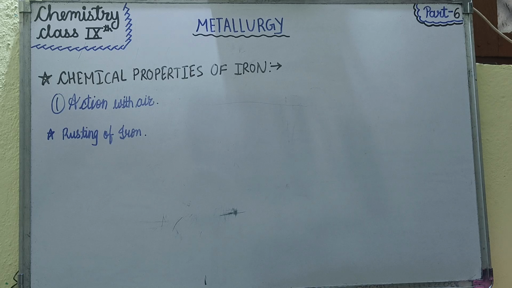Fe2+ plus 2OH- gives Fe(OH)2. Then Fe(OH)2 is oxidized by air to form Fe(OH)3. 4Fe(OH)2 plus O2 plus 2H2O gives 4Fe(OH)3.